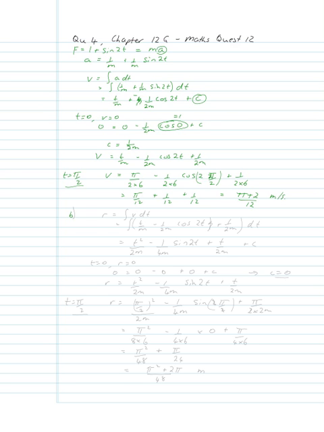For question B, we need to work out the distance travelled at that point in time. So we need to integrate the velocity with respect to time. So putting in our velocity equation that is up above, and we're integrating that with respect to time.